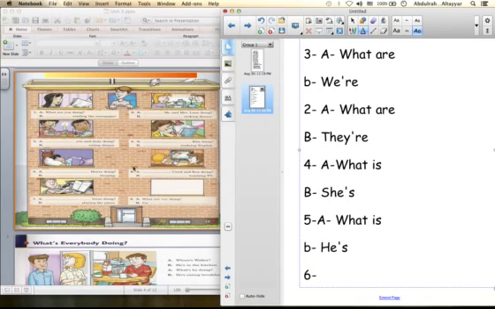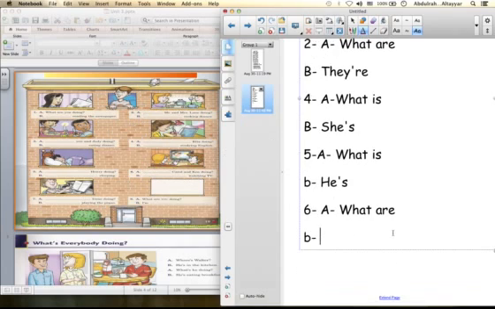What are Carol and Ken doing? So he's asking you what they are doing. The answer is, they're watching TV.